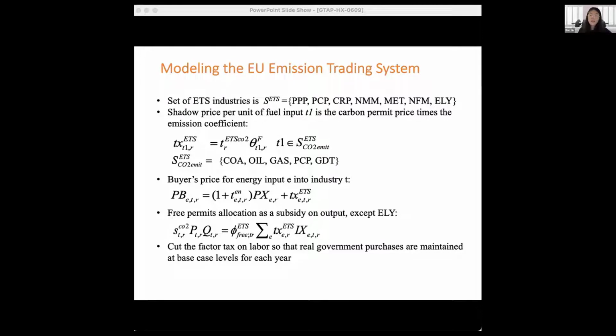And the recycling of this revenue is also important. In this scenario, we cut the factor tax on labor so that real government purchases are maintained at the base case level for each year. This will allow a simple comparison of household utility across policies without having to worry about different levels of public goods.